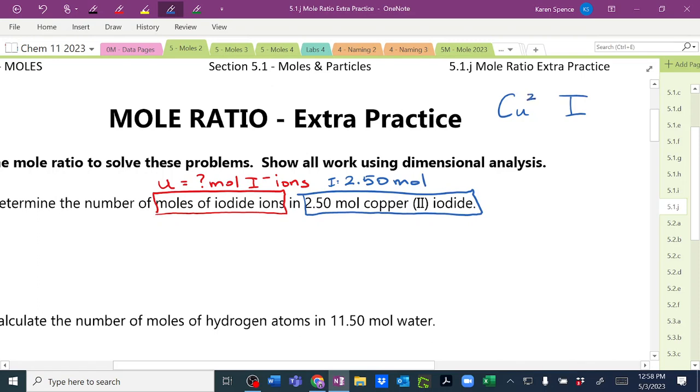Guess what? Copper 2 has a charge of 2. Iodine is a halogen, so it's in group 17. What's its charge? -1. So what is the formula for copper 2 iodide? CuI2, because we need 2 iodides to make -2 to balance out the +2. So we have 2.50 moles of CuI2.